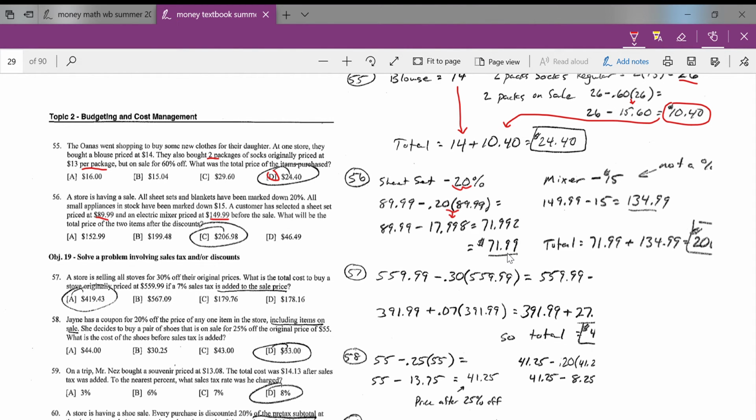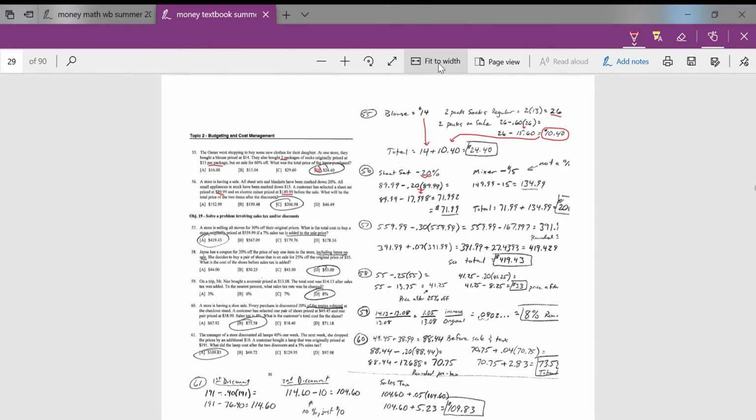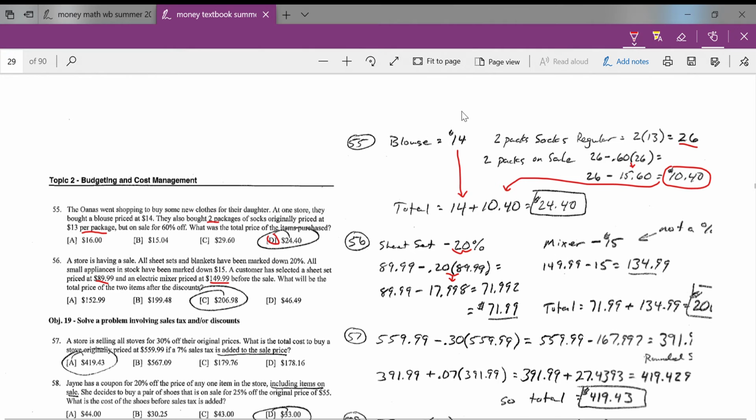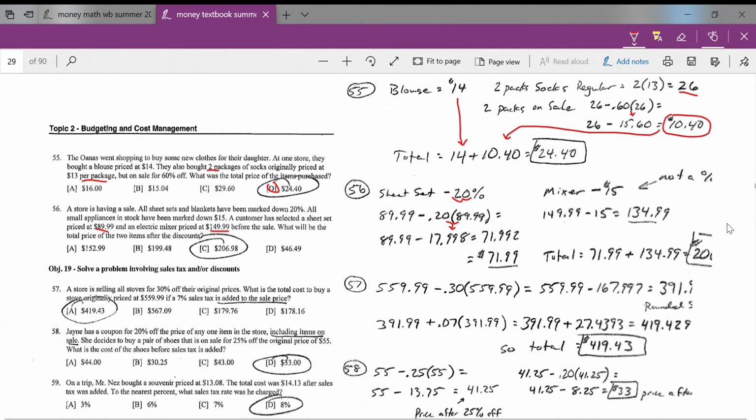The price for the mixer is actually easier. The discount here is not a percent, it's just a straight amount. Okay, so we don't have to do the percent and times the original amount. We just go $149.99.